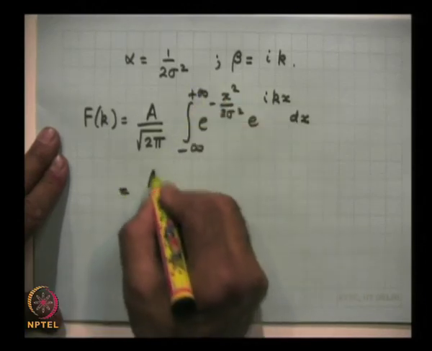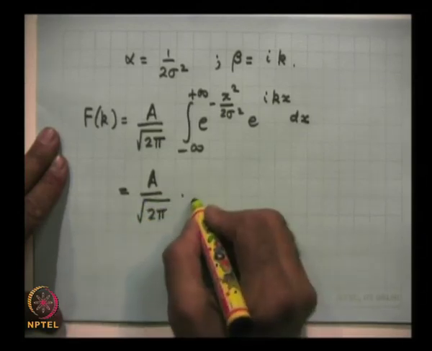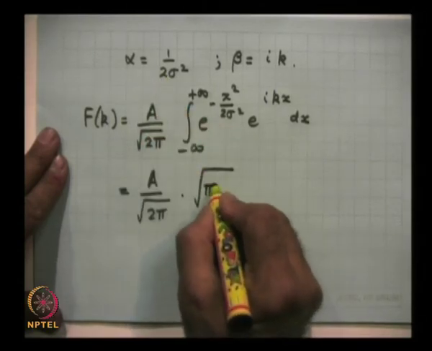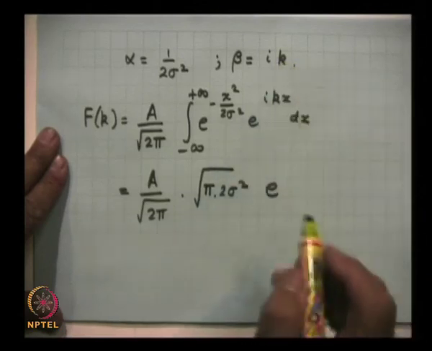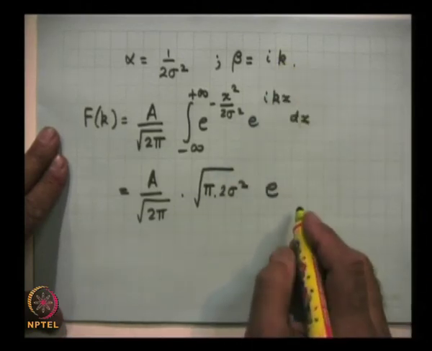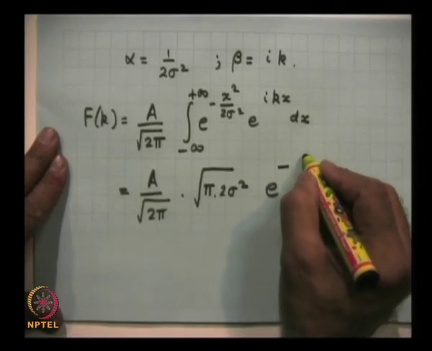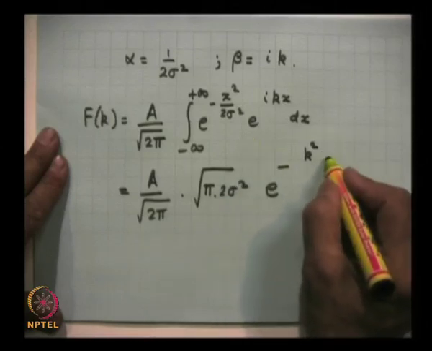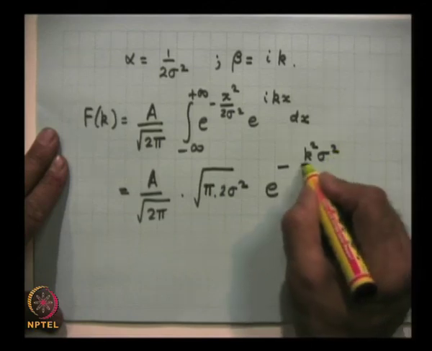Therefore, you will have A by root 2 pi multiplied by root pi divided by alpha, so root pi times 2 sigma square. Beta is i k, so beta square is minus k square, and then 2 sigma square by 4, so k square sigma square by 2.